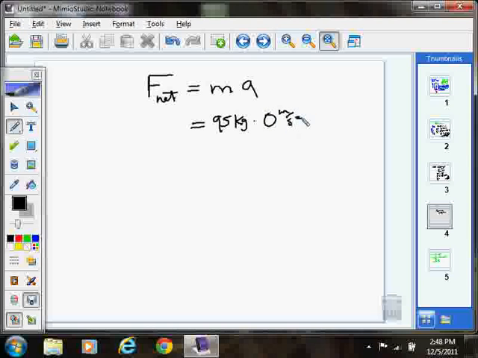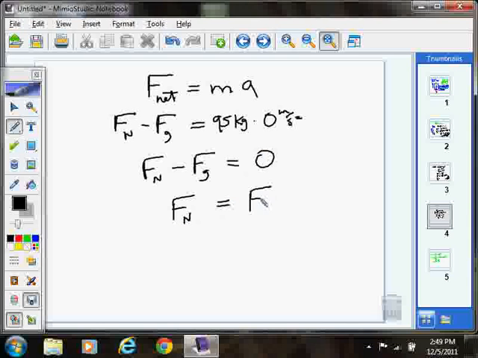And what's the expression for the net force? Either way, depending on your reference frame, basically Fn minus Fg equals 0. So Fn equals Fg. Okay?